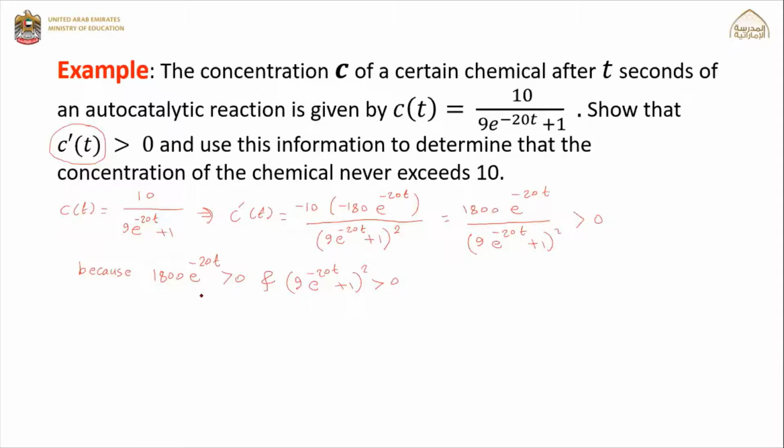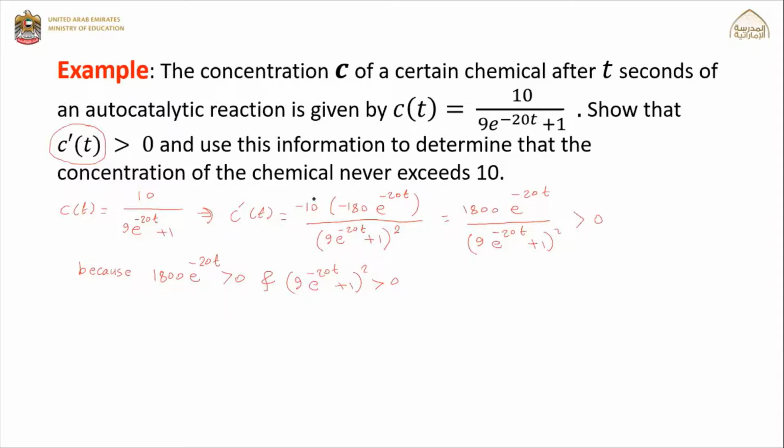A value greater than 0 over another value greater than 0, positive over positive, will always give a positive result. So here I explain why C prime of t is greater than 0.